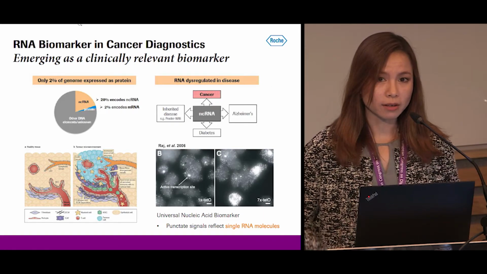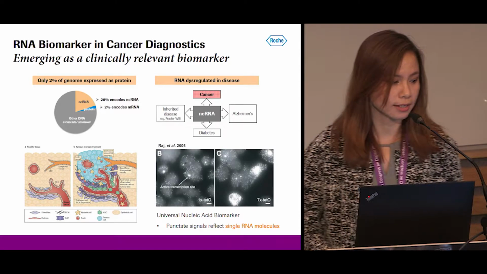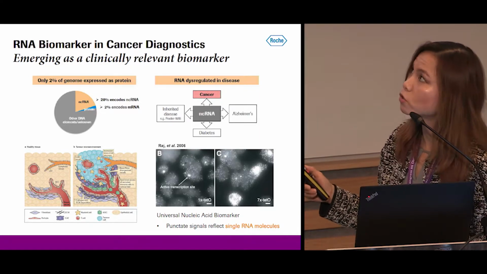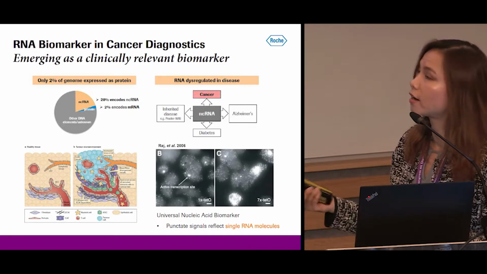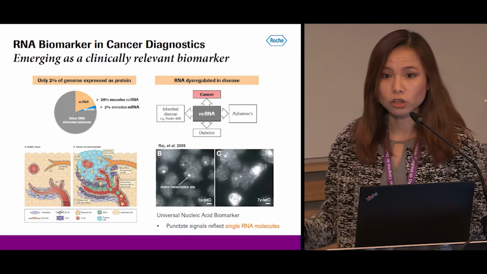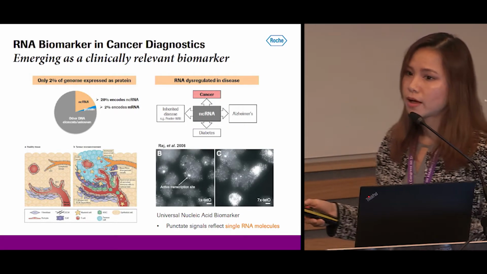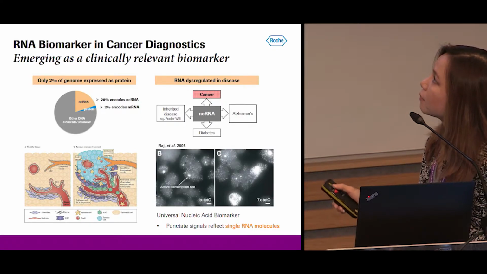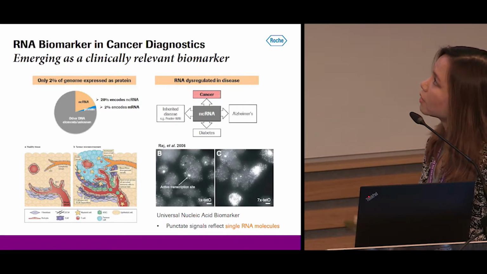RNA biomarkers can be widely utilized in the cancer diagnostic community. As you can see from the plot, only 2% of the protein expression can be used to target the region of interest, while non-coding RNA can be used as a marker that can identify the target of interest and tumor information.